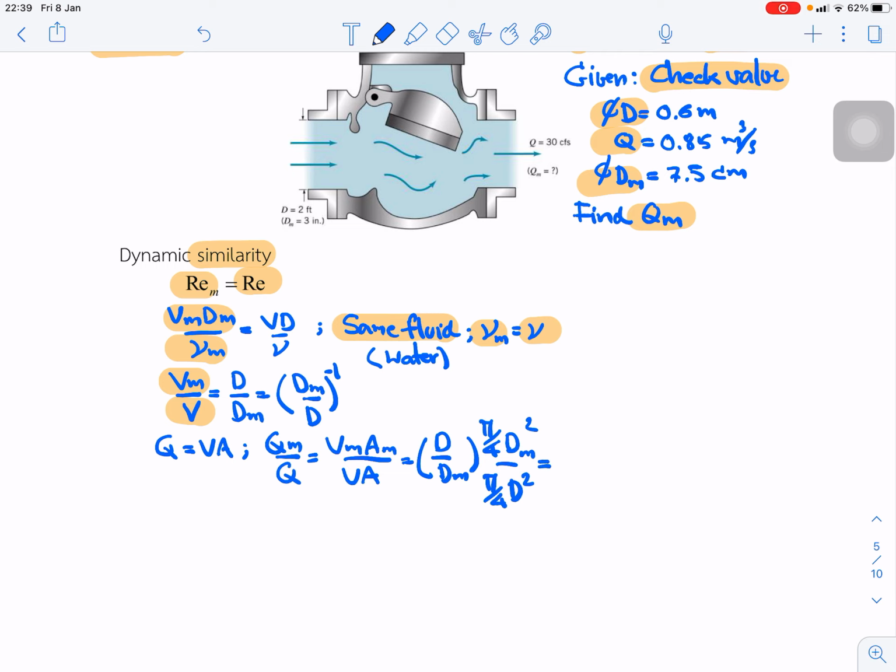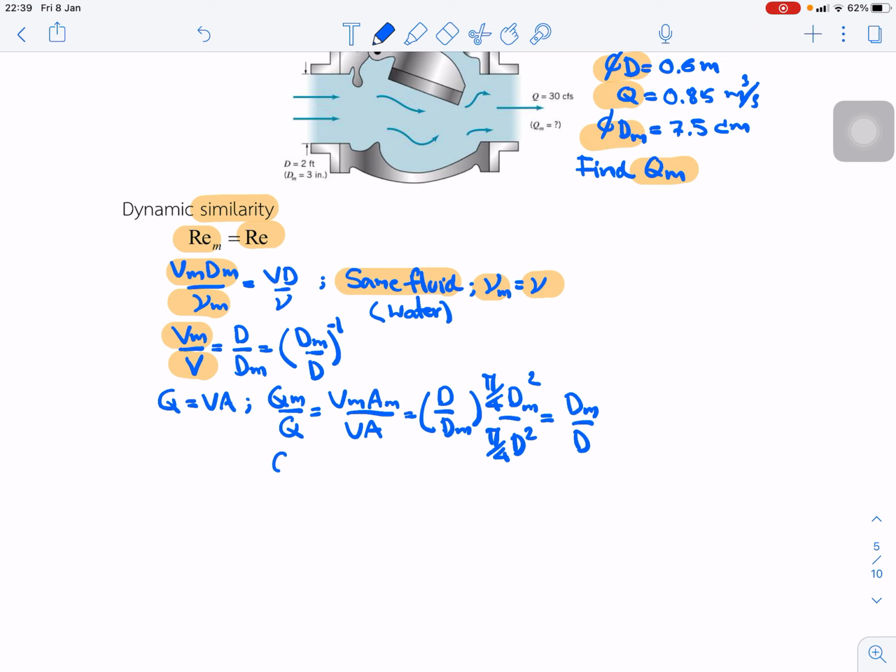So we get Dm divided by D. In this way we can estimate the Q for the model: it equals the ratio of the model diameter, 7.5 centimeters, divided by 60 centimeters, times the Q of the prototype.